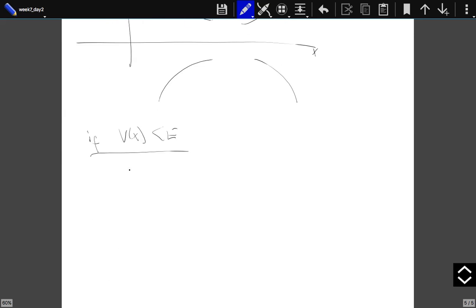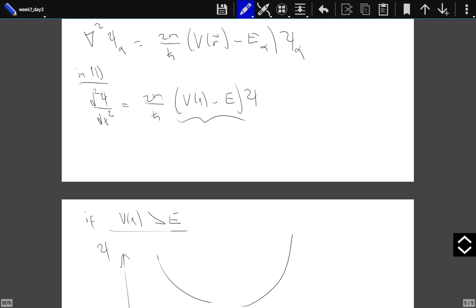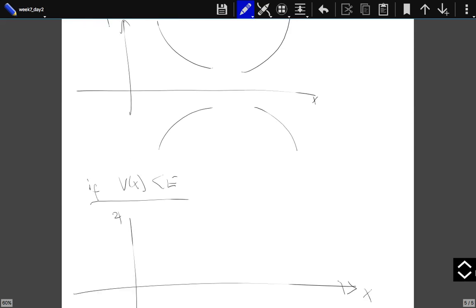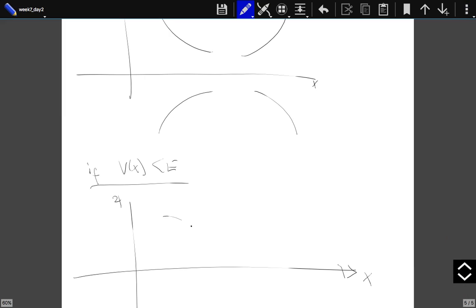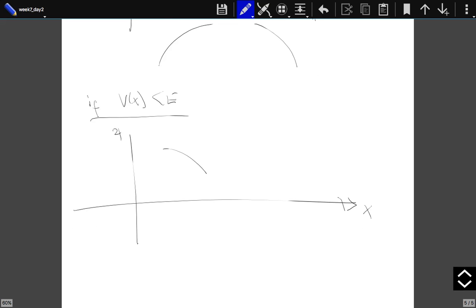So let's again try to plot psi as a function of x. If psi is positive, the second derivative is negative, which just means it will have such a behavior. If psi is negative, the second derivative will be positive, which means it has such a behavior.